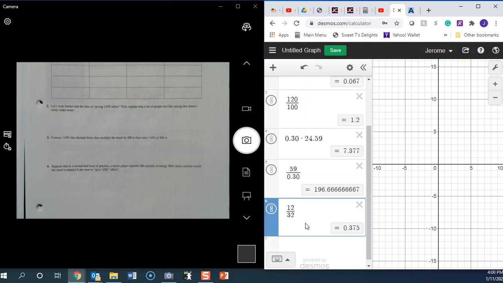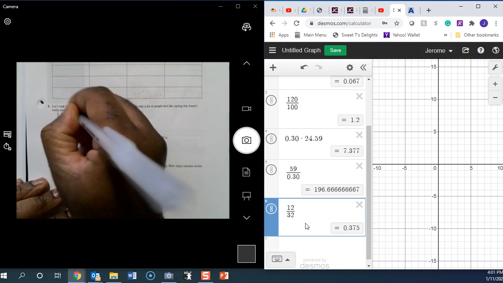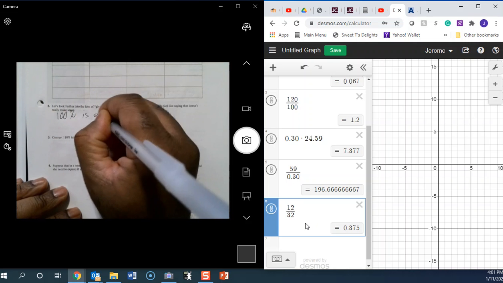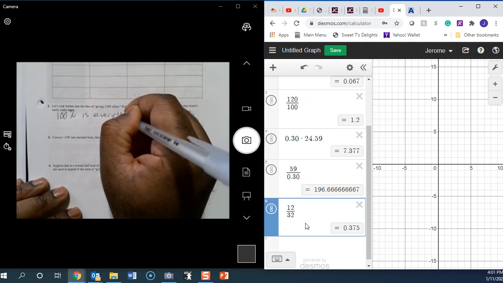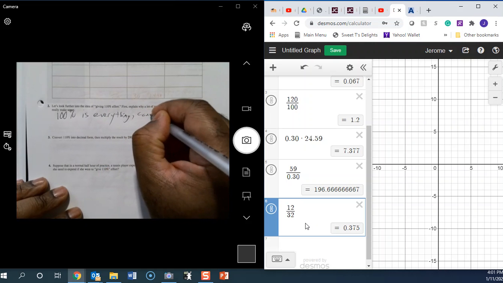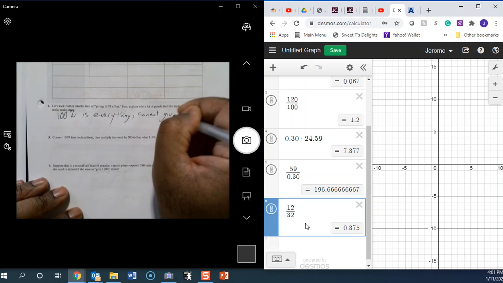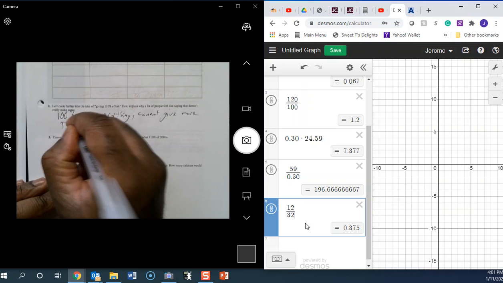It says, let's look further into the idea of giving 110% effort. First, explain why a lot of people feel like saying that doesn't really make sense. Okay, the reason being is 100% is everything. You cannot give more than everything.